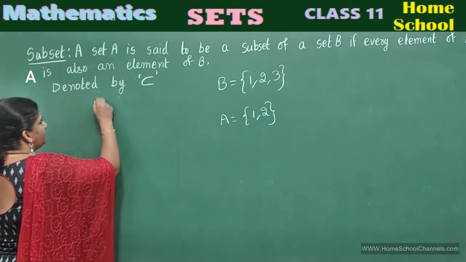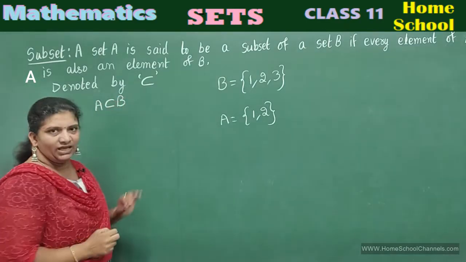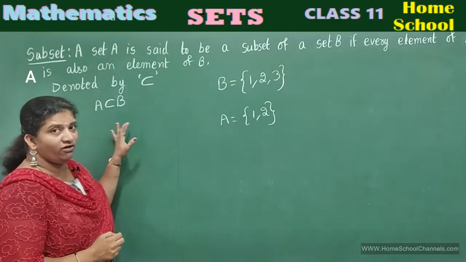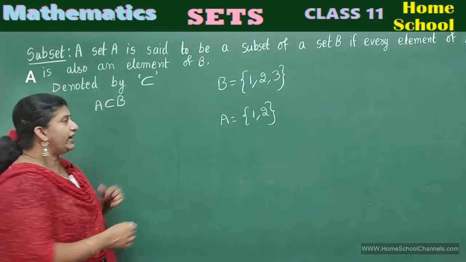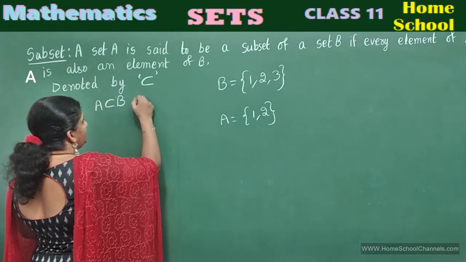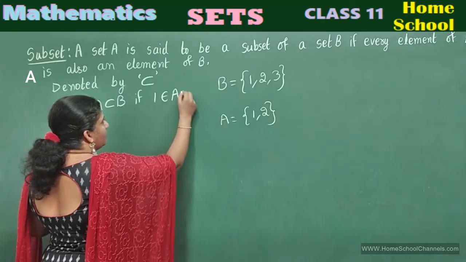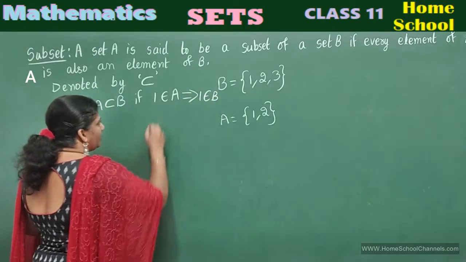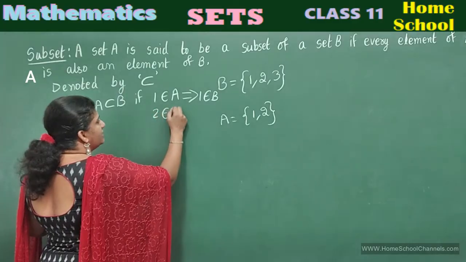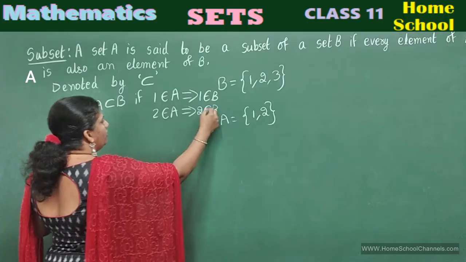Write like this: A subset of B. Or you can take any element and say it this way: if 1 belongs to A implies 1 belongs to B. And you can write this as 2 belongs to A implies 2 belongs to B.